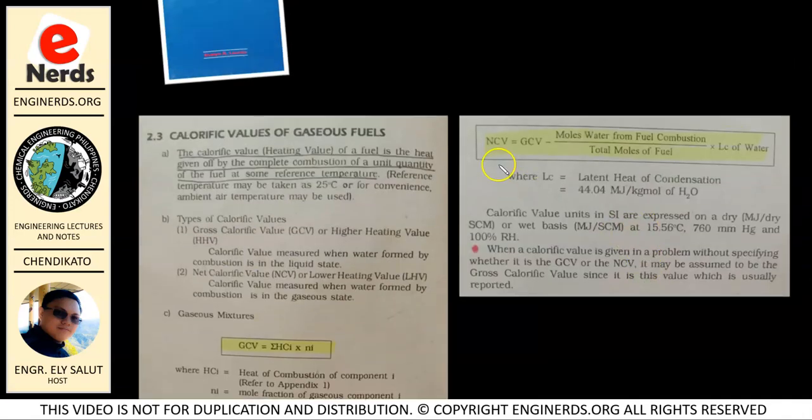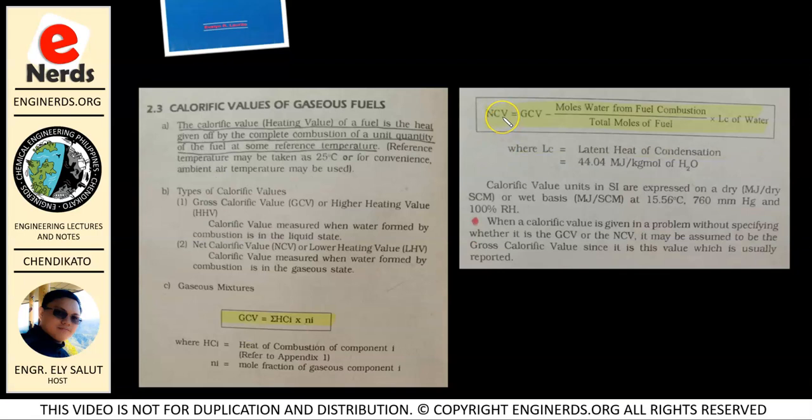And for the net calorific value, we can get it by subtracting from our gross calorific value the moles of water from fuel combustion over total moles of fuel times LC of water. So, what is this LC of water?